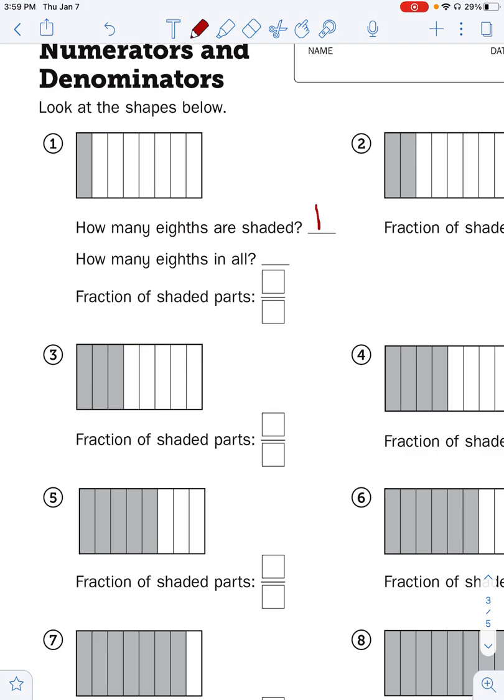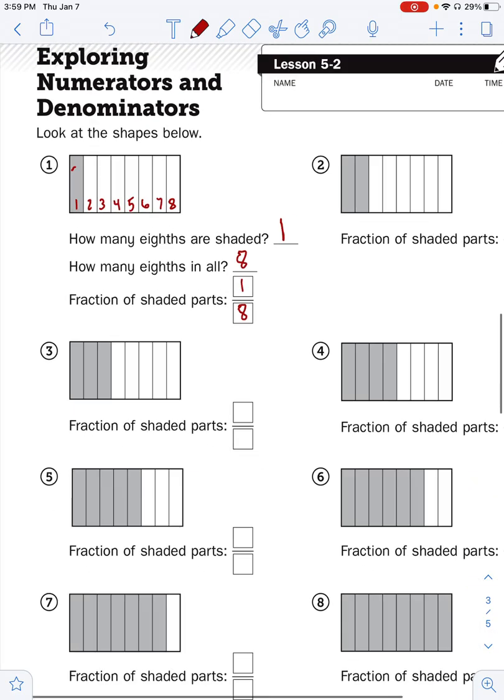So you would just count how many total equal parts there are. So 1, 2, 3, 4, 5, 6, 7, 8. 8. And then you just take those 2 numbers and you put them in your fraction. 1/8, because there's 1 out of 8 total shaded in.